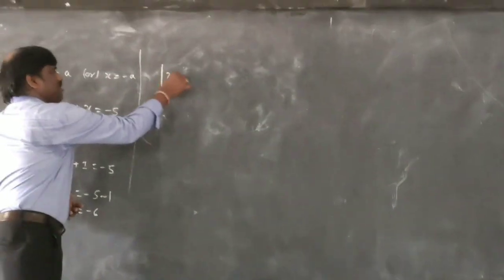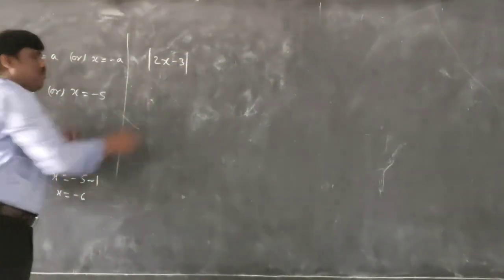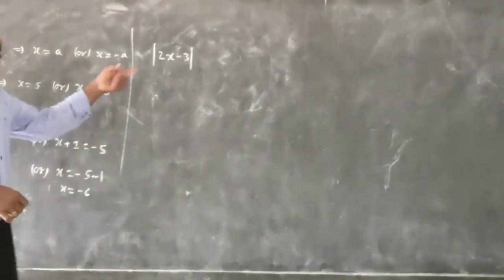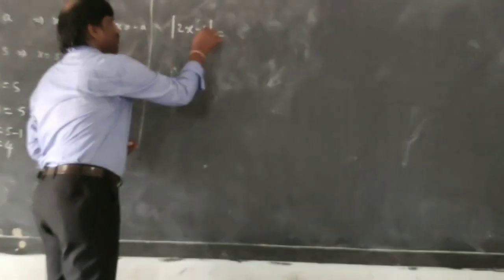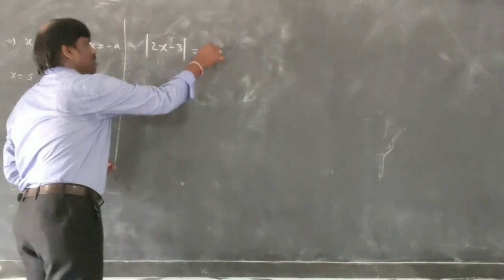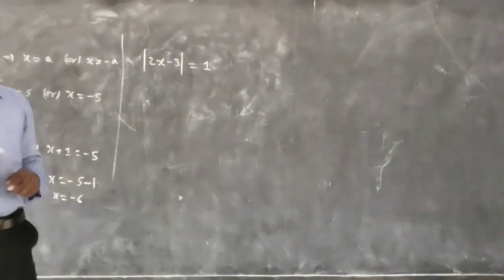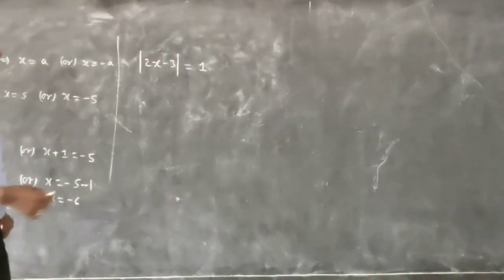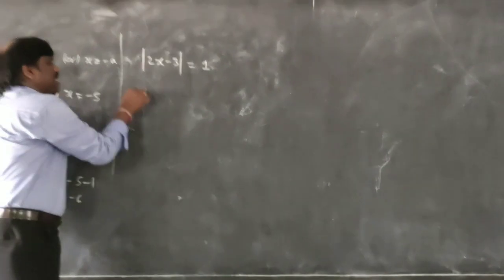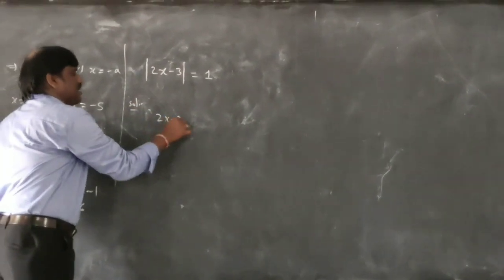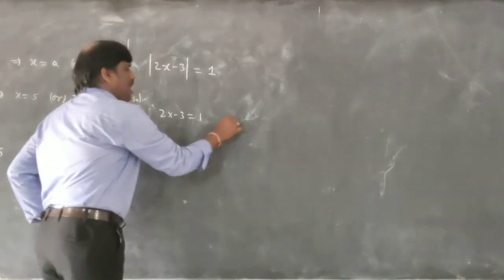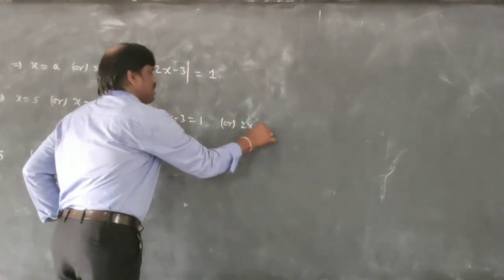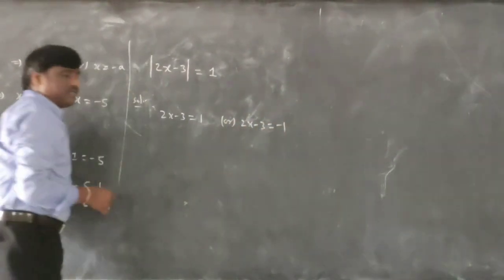Suppose you have the modulus of 2x minus 3 is equal to 1. What is the solution of this? It can be written as 2x minus 3 is equal to 1 or 2x minus 3 is equal to minus 1.